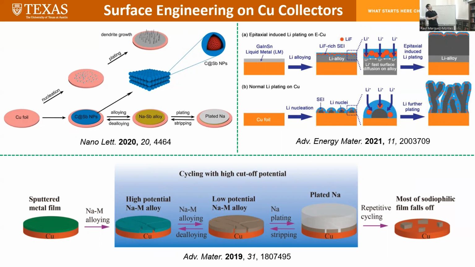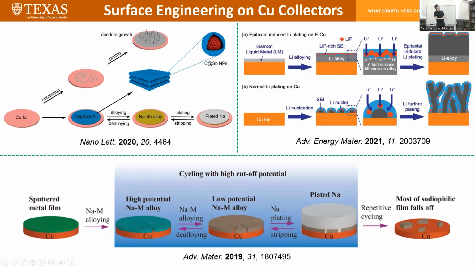And in another work published in 2021, they introduced a kind of liquid metal, basically gallium, indium, tin alloys. So the alloying strategy is one of the most effective ways because the alloy can turn the surface from lithiophobic or sodiophobic to philic, which means it promotes metal wetting.